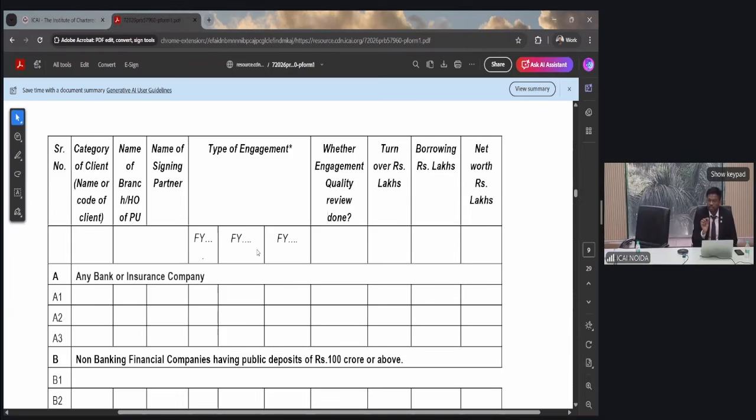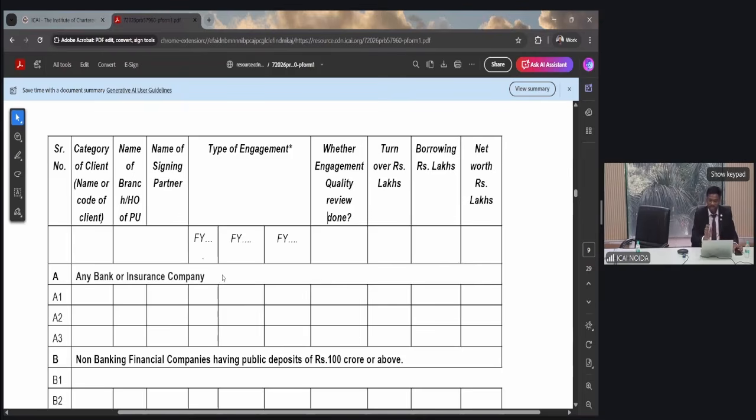This is not the financial year to which this engagement pertains. Even if the audit was conducted for 2020-21, but it was signed in, let's say, September 2022, the UDIN contains the date of document to be 2022. So these FY are the signing years.